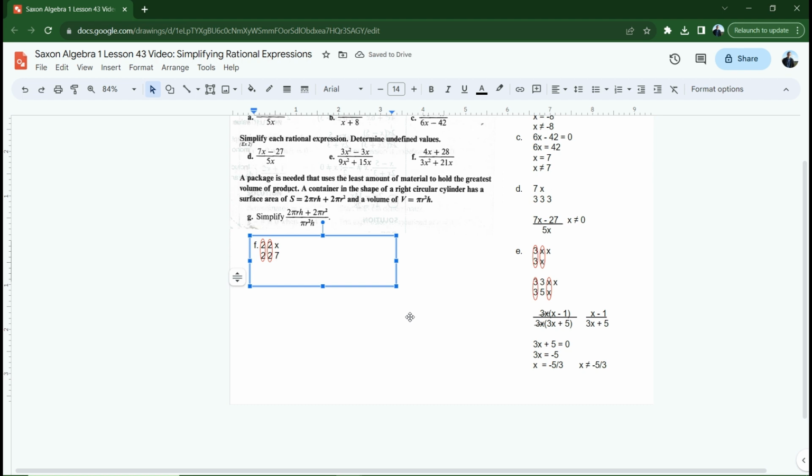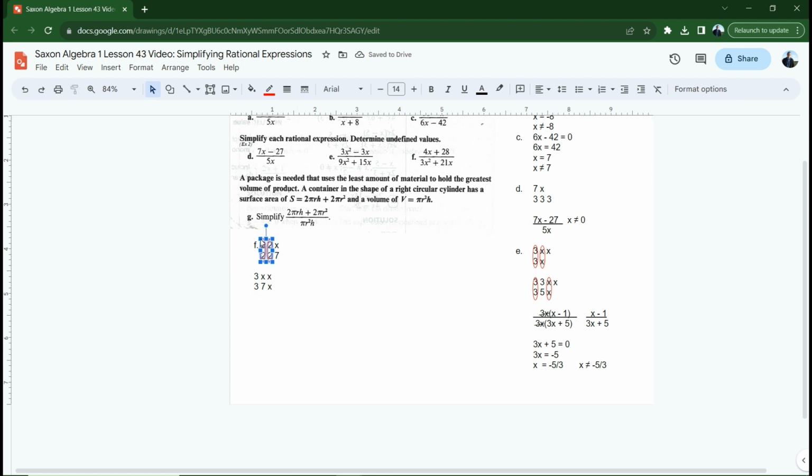So on the bottom, 3 times x is my first term. 21 is 3 times 7 times x. That's my second term. Let's see. So on the bottom, I'm going to factor out a 3 because I have 3 in both terms, and an x because I have x in both terms. All right, but these are not the same on the top and the bottom.